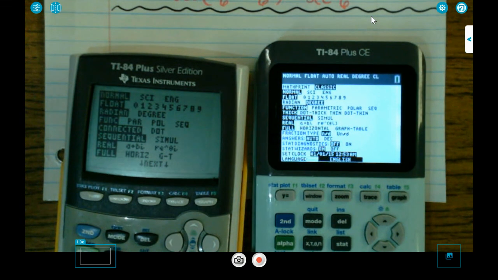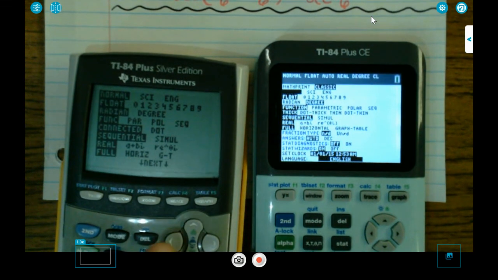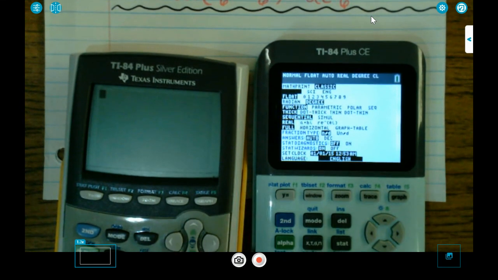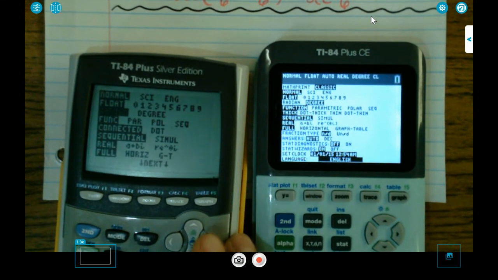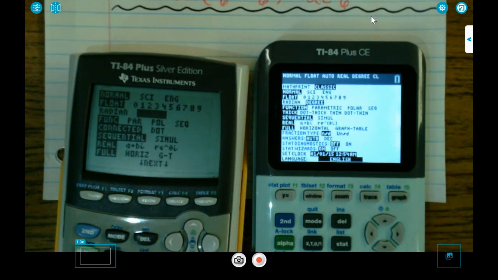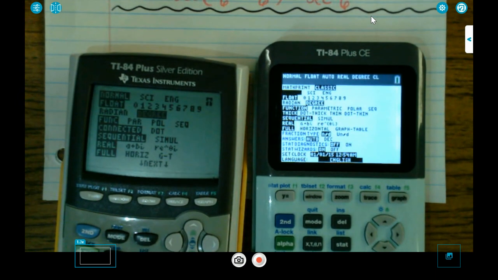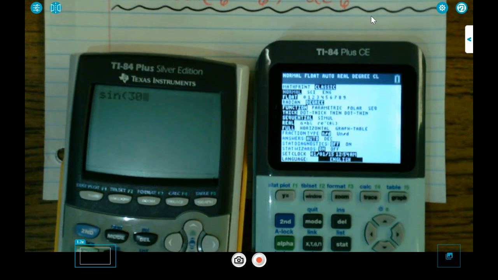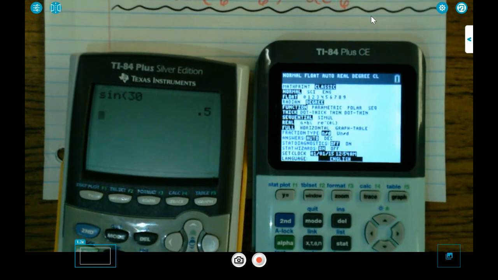You hit mode, and then you go down, and it's on radians right now. You hit enter, or you just go back. If you want to go to degrees, you make it bold on degrees and hit enter. And then you can second quit and go back, and it'll be in degrees. Or you can just hit clear.